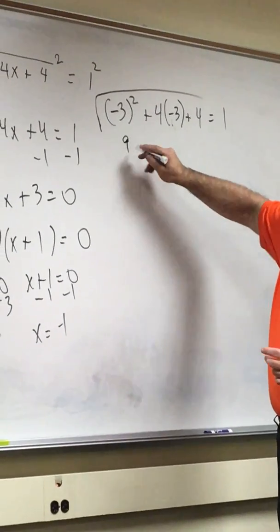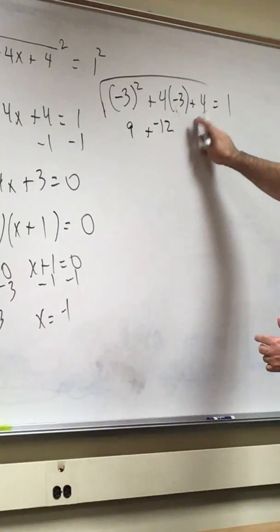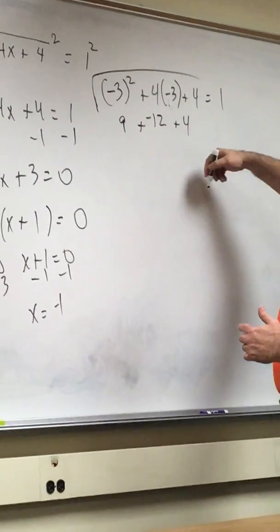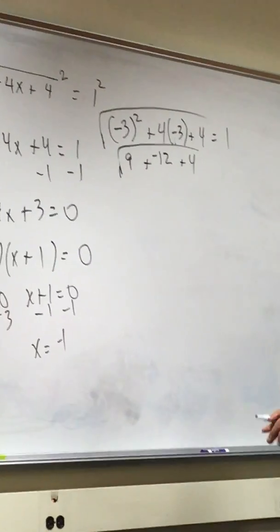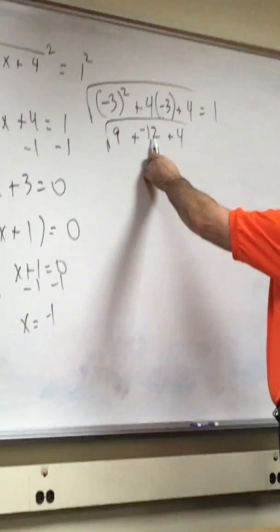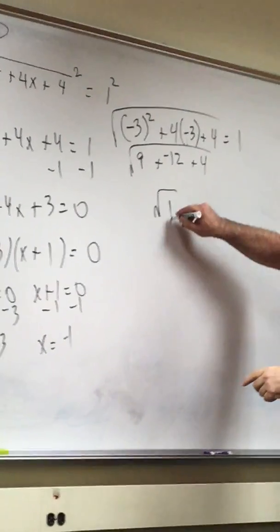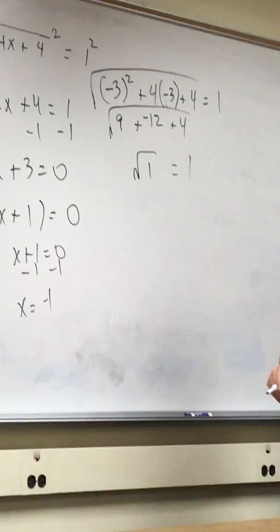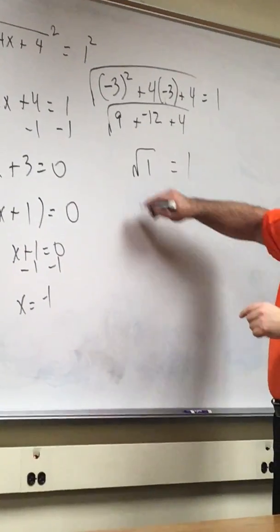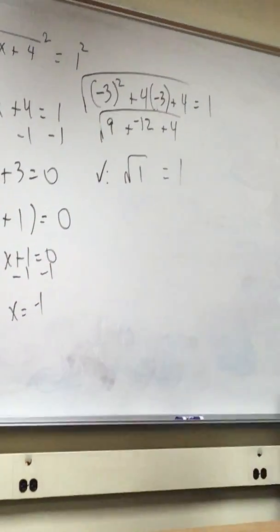Negative 3 squared, 9. 4 times negative 3 plus negative 12 plus 4. All in the square root. 9 plus negative 12 is negative 3, plus 4, positive 1. Is the square root of 1 equal to 1? It is. So the first number checks out.